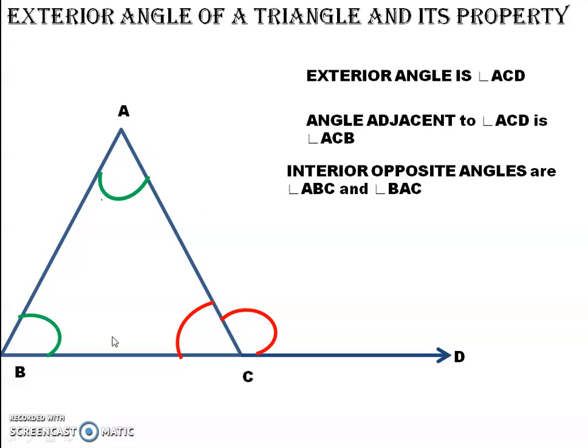So you should know what is an exterior angle, which is the angle adjacent to the exterior angle, and which are the interior opposite angles with respect to the exterior angle. Now, what is the heading of this session? Exterior angle of a triangle and its property. What is the property of exterior angle and interior opposite angles? Let us see.